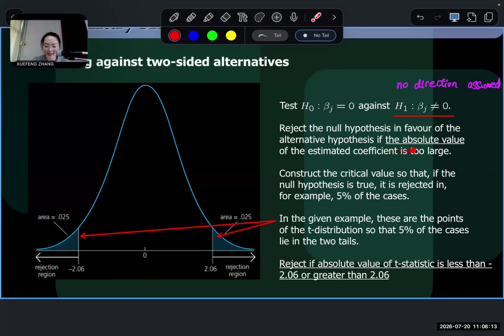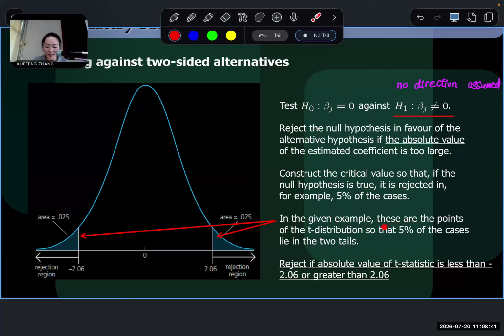So here, we take the 5% significance level in half, because this is two-sided. So 5% in half means 2.5% in the left tail and another 2.5% in the right tail. Here 0.025 just means 2.5%.